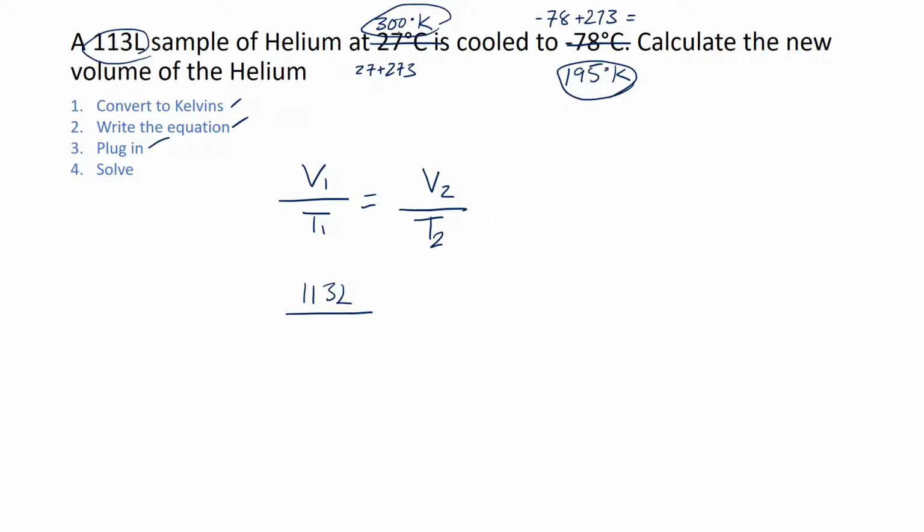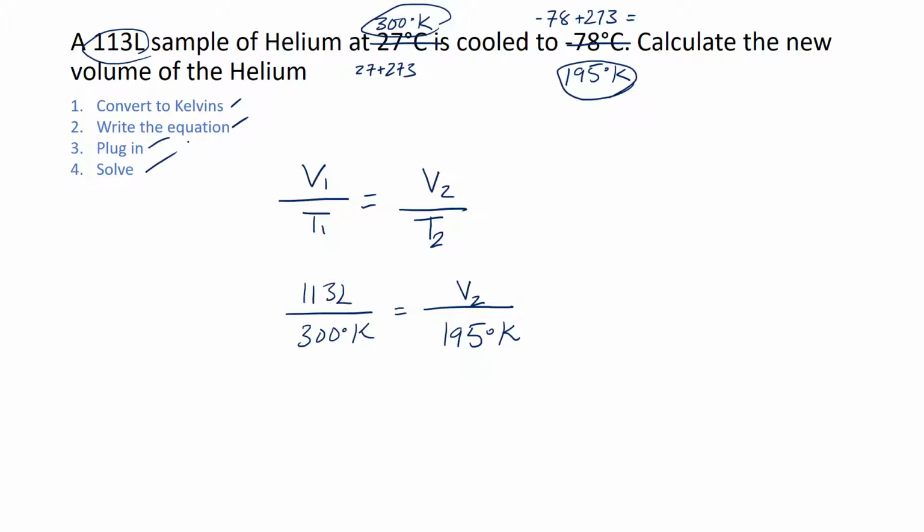T1 is the starting temperature, and that thing was at 300 kelvins. All right, and then it's cooled to 195. That's got to be T2. That's a temperature, 195 kelvins. And when they want us to calculate the new volume, that means V2.